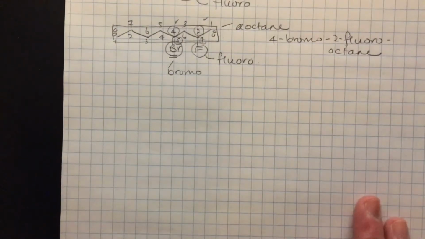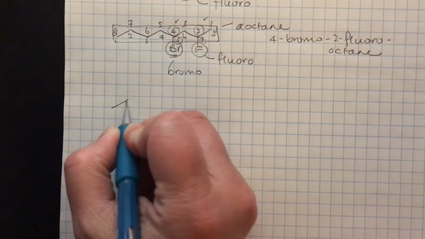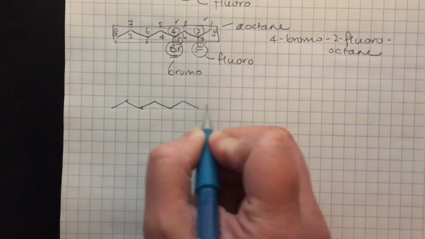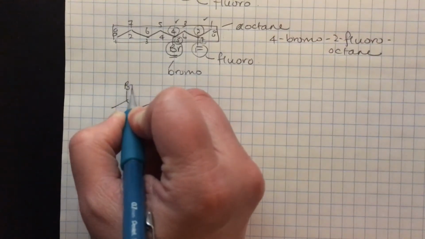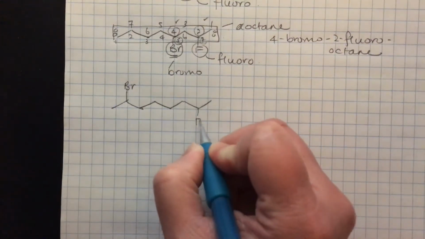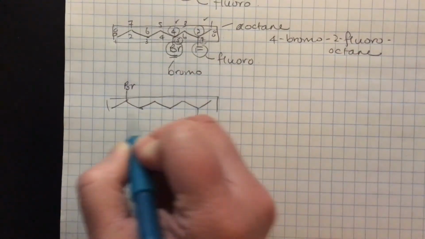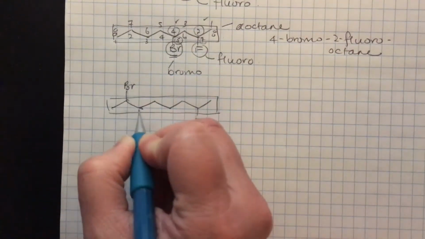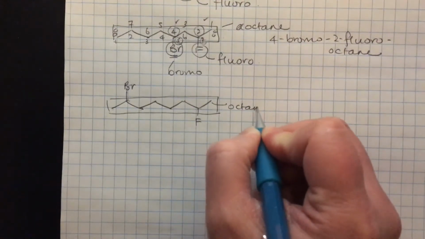Now, what if, again, we have something that is distributed symmetrically? So if I was to redraw this molecule, and now over here, I have a Br, and over here, I have an F. And so in this case, I have my main chain, which is right over here. And there's 1, 2, 3, 4, 5, 6, 7, 8. So again, this is an octane.